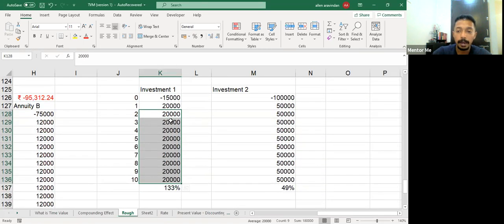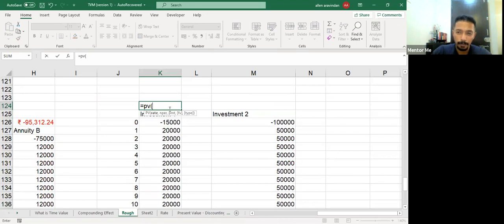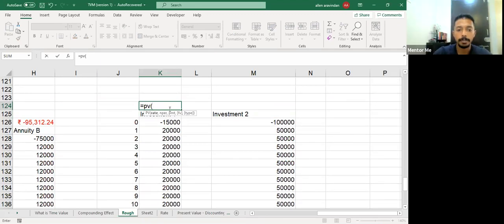So now let's find the present value. Let's say my value of money in both the cases is about 10 odd percent. 10% is my money's cost, because I can easily generate 10%.